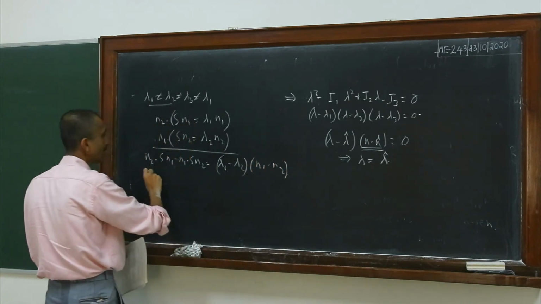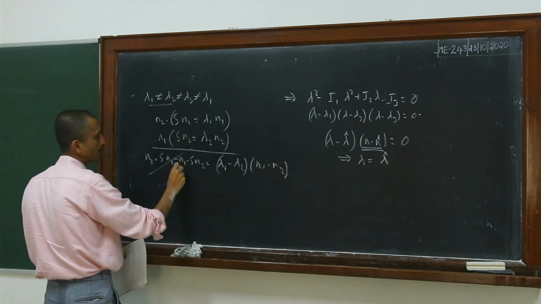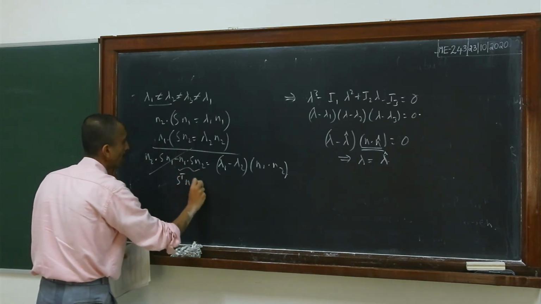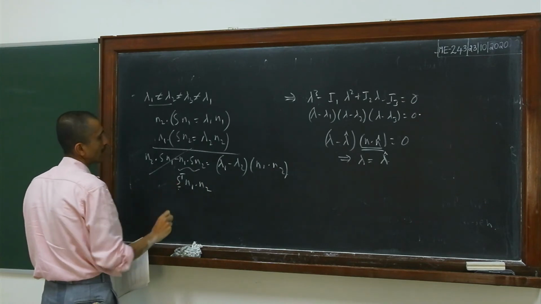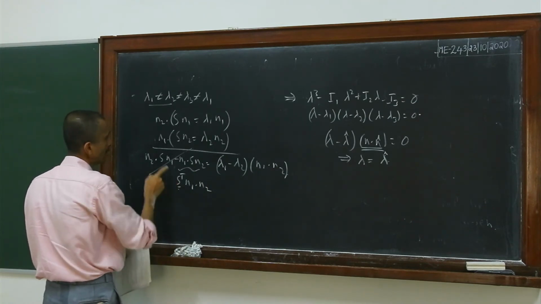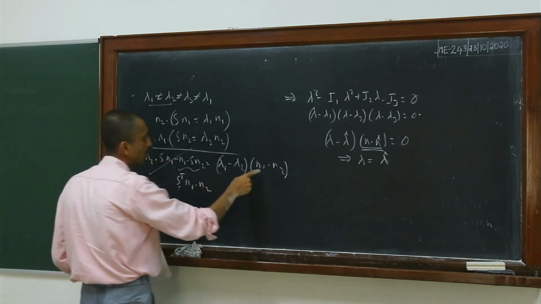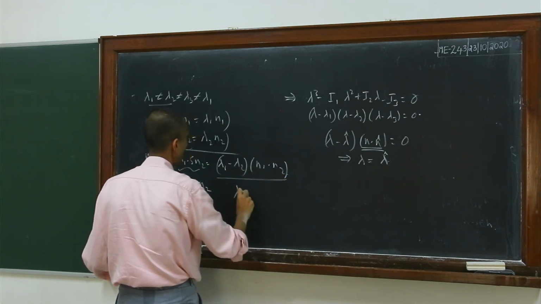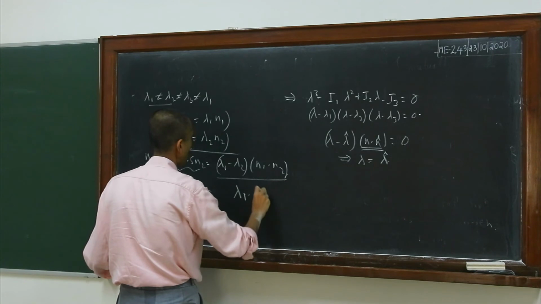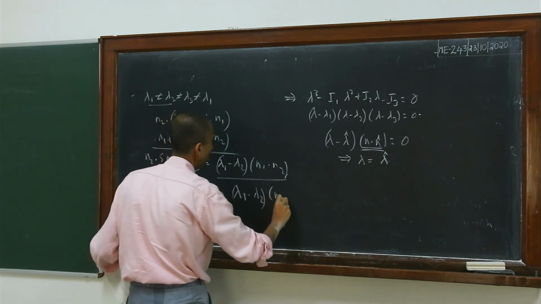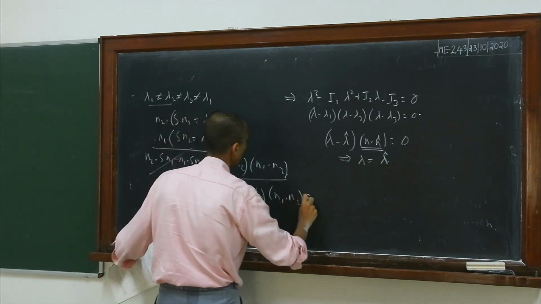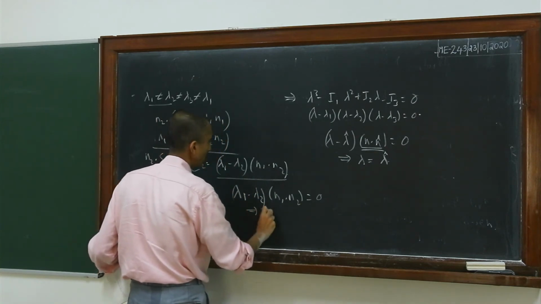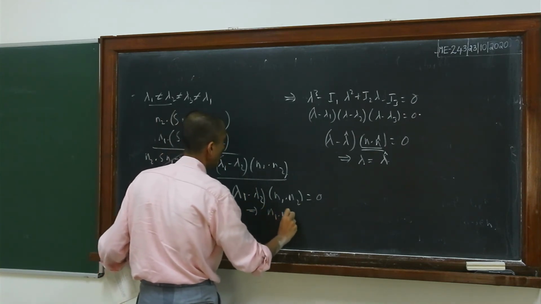And then again this part is 0, because this can be written as S transpose times n1 dot n2, and S transpose is S itself because it is symmetric. So this part goes to 0, this whole thing is equal to 0. So you will get (lambda 1 minus lambda 2) times n1 dot n2 is equal to 0. But this is not 0, correct? So hence this implies that n1 dot n2 is equal to 0.